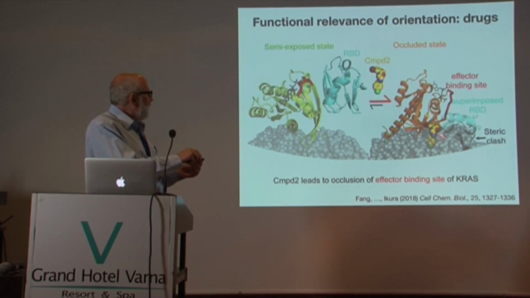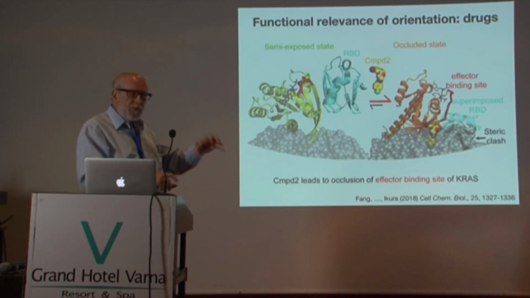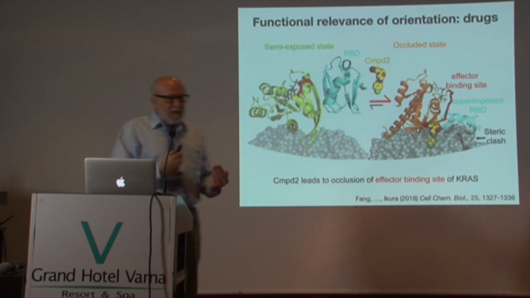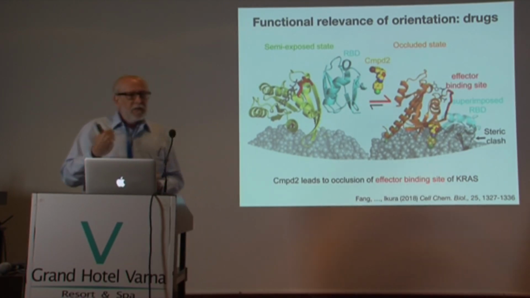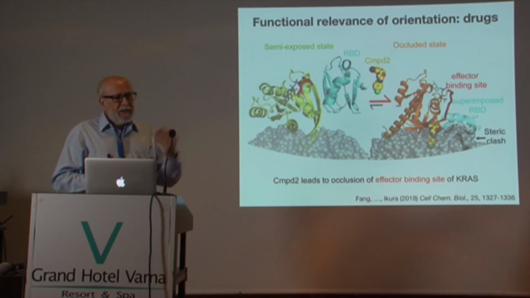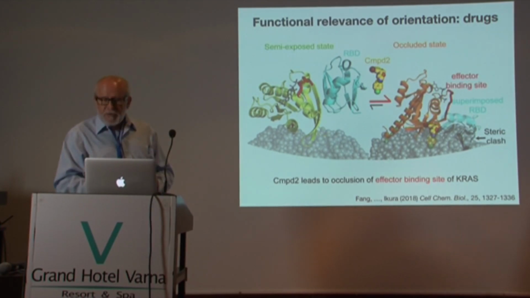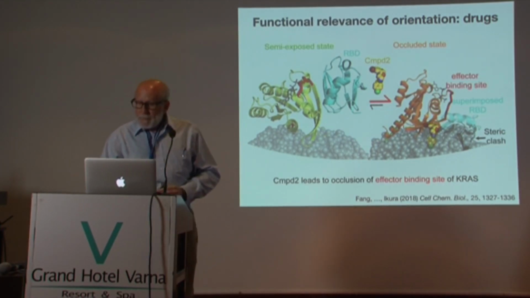All I want to say is that it has preference for the lipid bilayer, and when it binds, it puts RAS into this conformation that is occluded from interacting with RAF. So here is a way in which you can design drugs, not by necessarily targeting the protein, but targeting the protein interaction with the lipid bilayer.